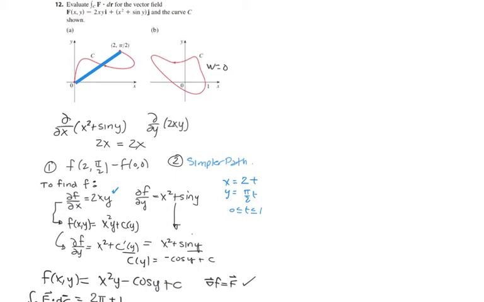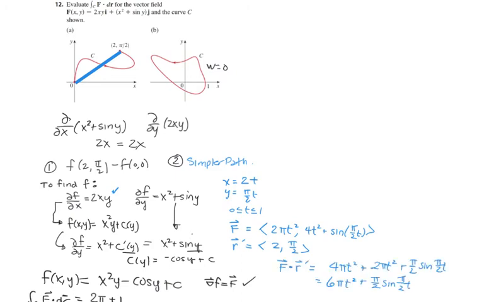And then put that into our f and compute r prime and f dot r prime, and then integrate that from 0 to 1. And if you evaluate that, you'll get the same thing as we did over here.